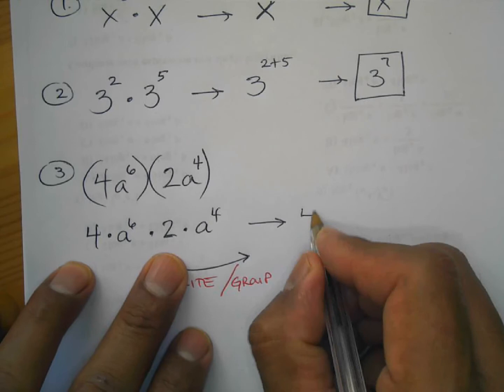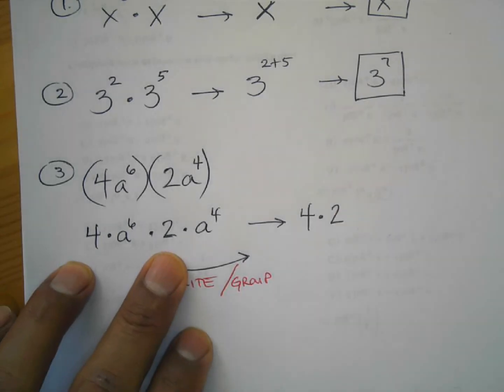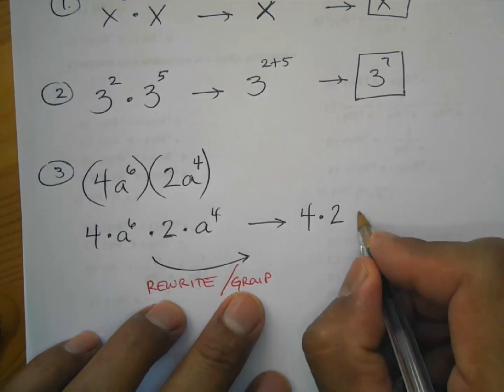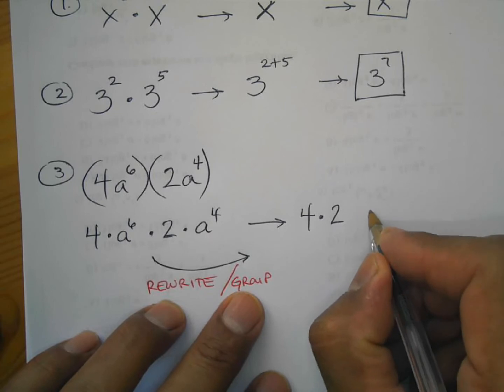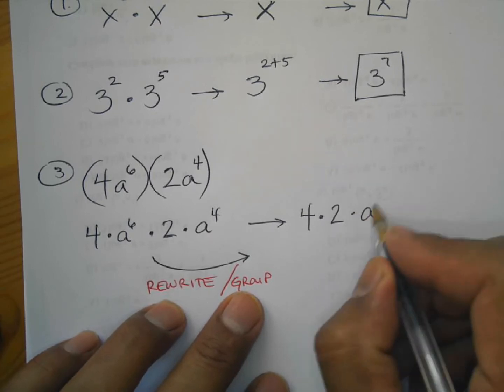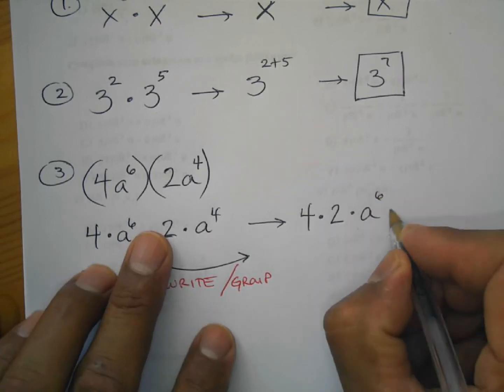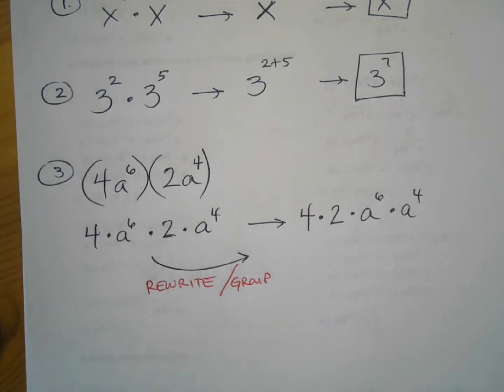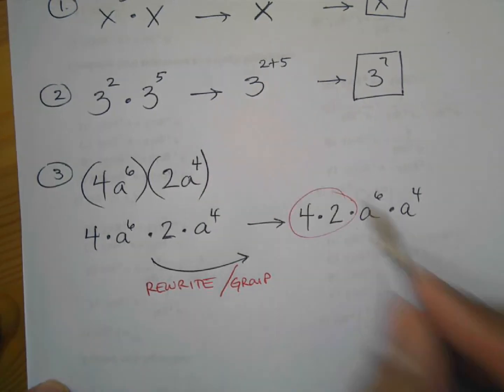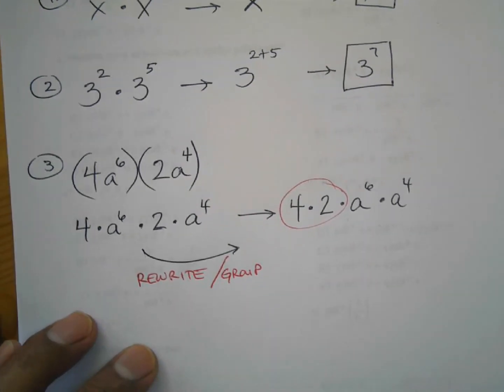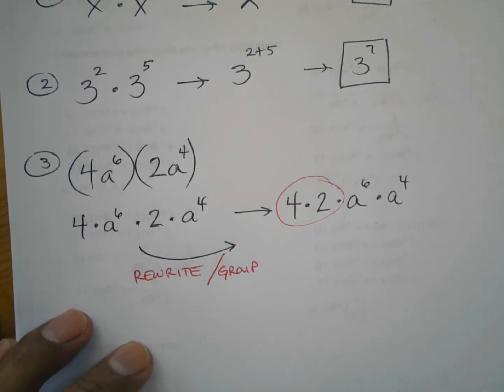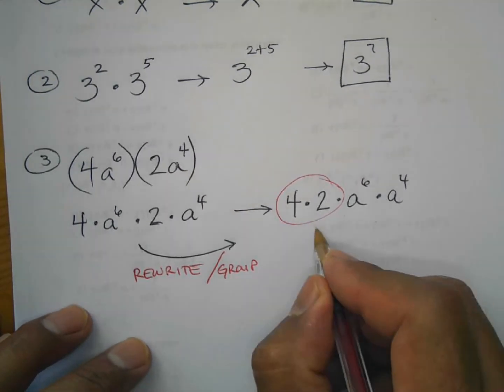So that's going to be the 4 times the 2. And then the variables are going to go together, the a^6 and the a^4. And now for 4 times 2, you just multiply whole numbers the way you know how to multiply whole numbers. That'll be 8.